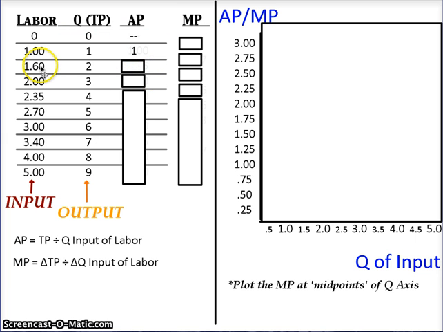So we go to the next one. 1.6 units of input, 2 units of output, so 2 over 1.6 is 1.25. 3 divided by 2 is 1.5, and so on. So go ahead and pause the video, and calculate the remaining average products just to make sure you got it.